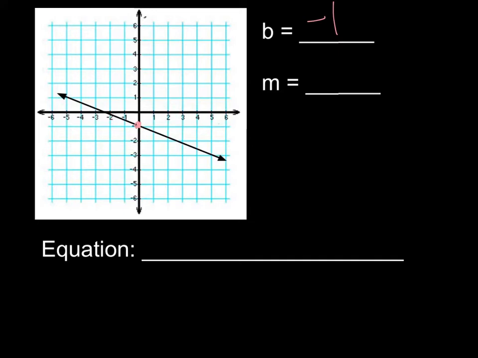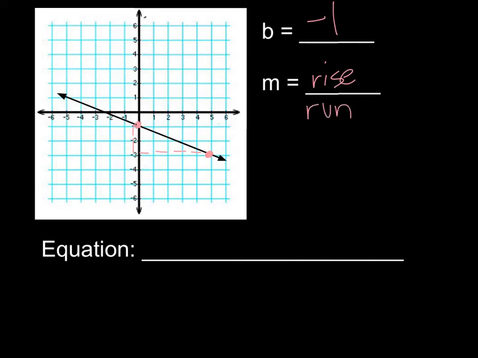This point right here is the next best point to use when trying to find our slope. So I'm going to draw my triangle between my points so I can do my rise over run.